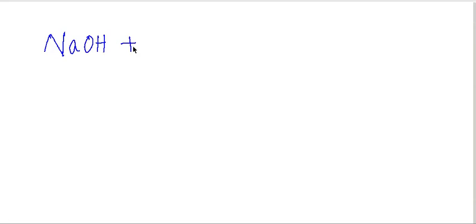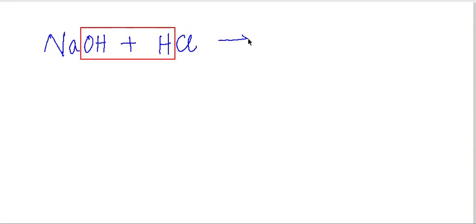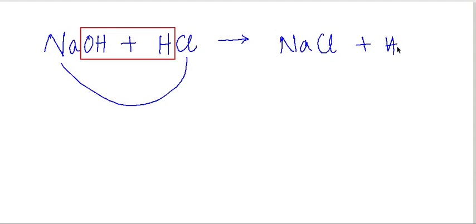We have NaOH plus HCl, then we can say that OH minus and H plus go together, and Na and Cl join, so you get NaCl plus H2O. Alright, so this is how the neutralization reaction takes place.